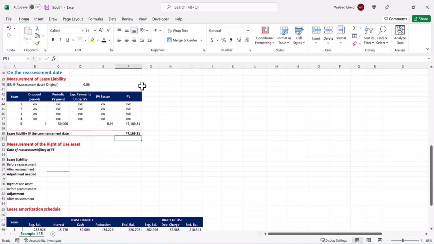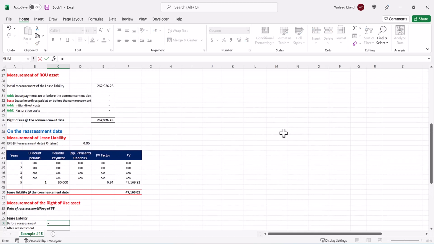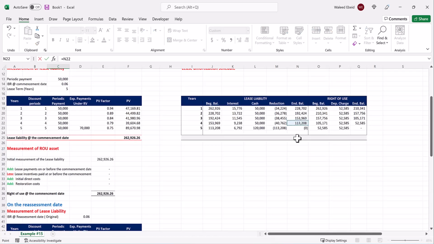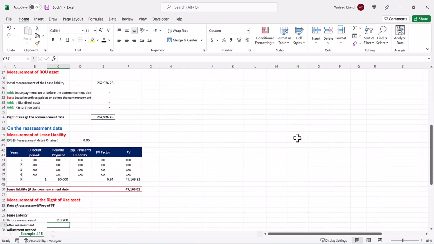Let us adjust the carrying amount of the right-of-use asset. This was the carrying amount of the lease liability of the original lease at the end of year 4, just before the reassessment date. And this is the revised carrying amount of the lease liability that we just calculated here.